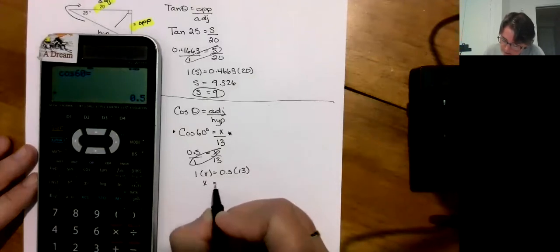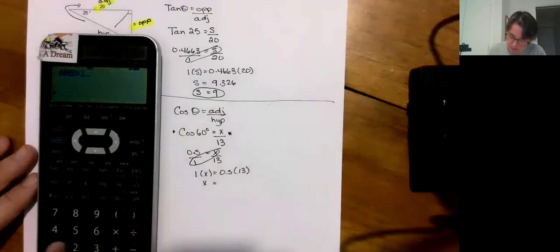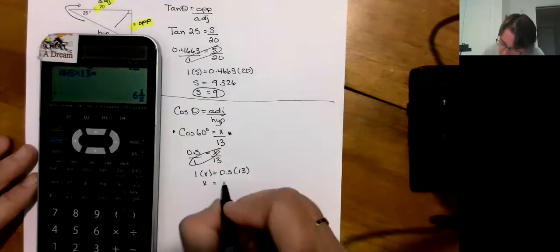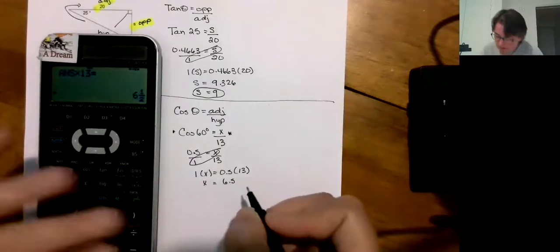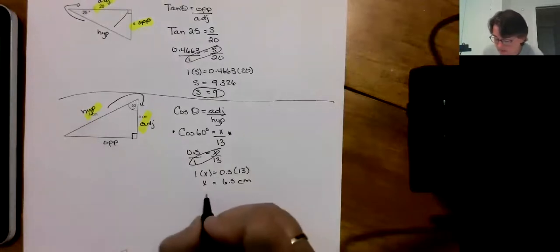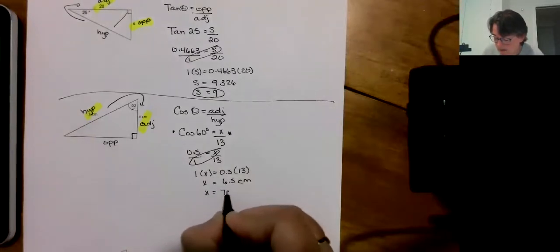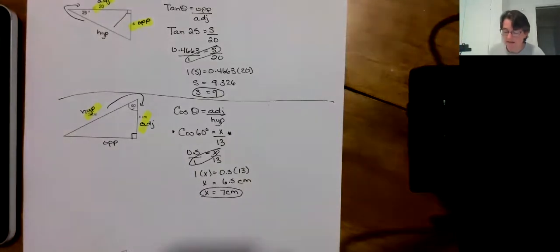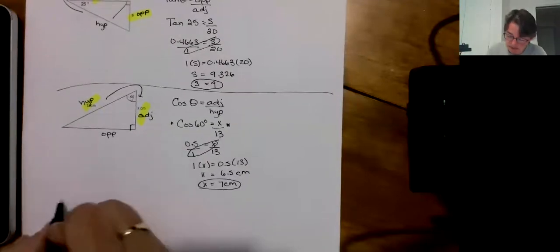So x is going to be, I can't believe I'm doing this, it should be 6.5. And then I'm going to check my question, and it said 13 centimeters. I'm going to round the same way and make that 7 centimeters. All right. See, it's not so bad.